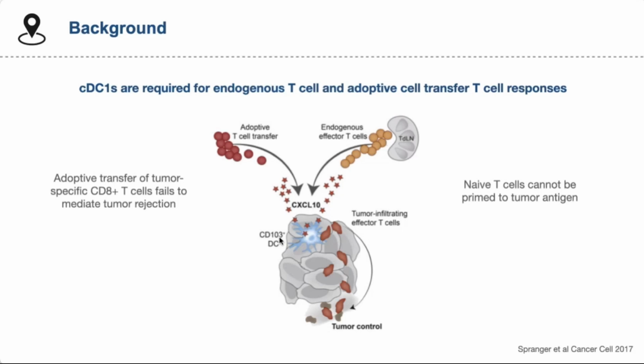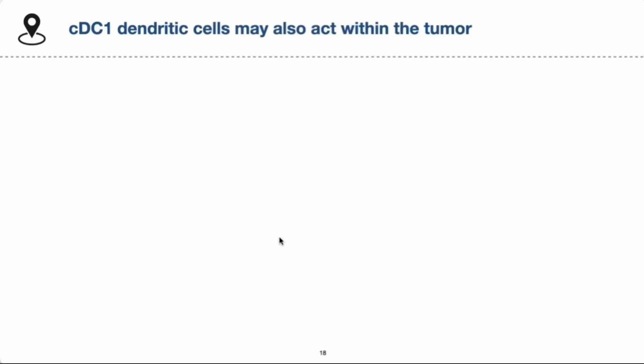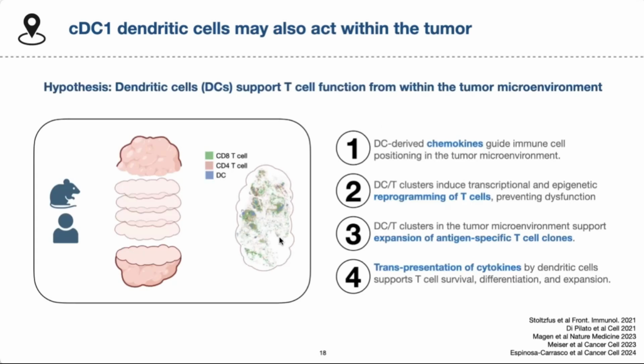What remains less clear is exactly what cDC1s are doing within the tumor microenvironment. Several hypotheses exist. Dendritic cells may recruit T cells via CXCL9 and 10. They may promote epigenetic reprogramming towards more effective effector or stem-like phenotypes.